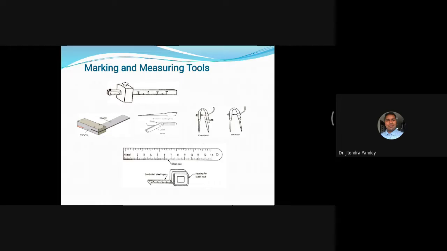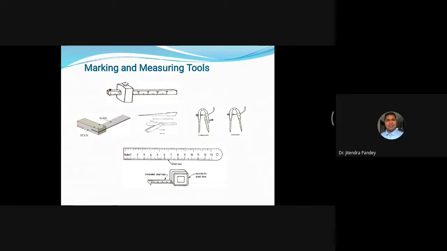The marking and measuring tools, बहुत जगह बहुत क्या होता है कि suppose you are going to be an engineer, but some faculties also cannot identify the tools. इसमें बहुत सारा tools दिया हुआ है. I think 50% of people won't be able to identify these tool names.